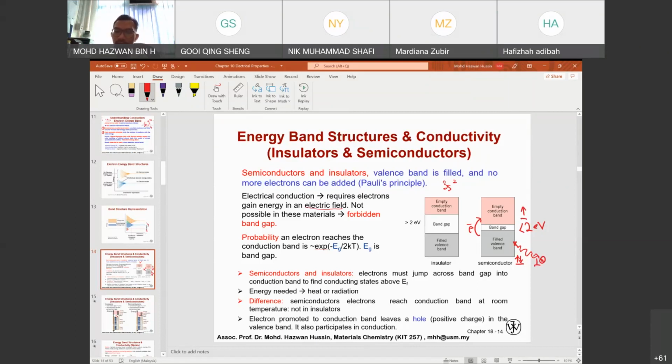This hole is a positive charge. Remember, in any theory, if it is a positive charge, it means it has an unoccupied electron state because the electron has gone, transferred or donated, for example.